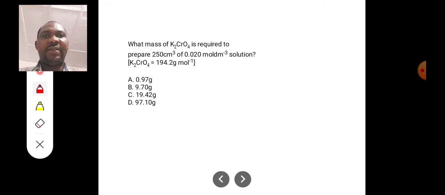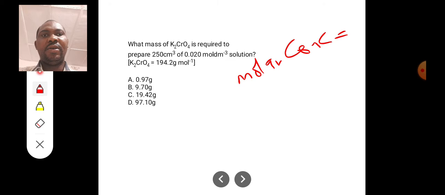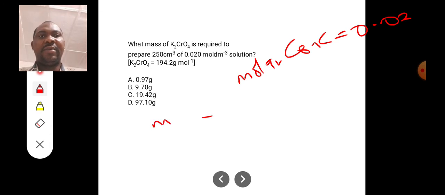First of all, we are given the molar concentration. Molar concentration is also called concentration in mole per dm³. We are given molar concentration to be 0.02 mole per dm³. So here we can find the mass concentration.